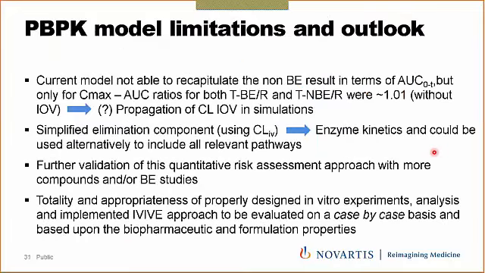So coming to the model limitation and outlook, even though the current model was able to reproduce the in vivo bioequivalence results in terms of Cmax, that was not the case for the AUC.